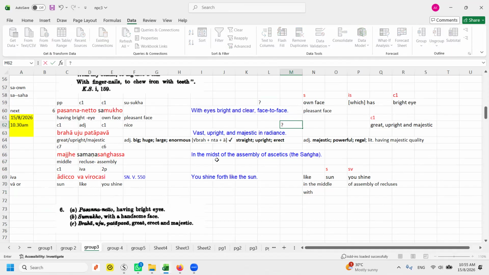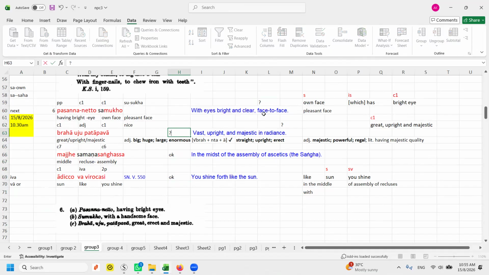This one is okay: in the midst of the assembly of ascetics. So samana is ascetic. You shine forth like a sun. This one is a bit confusing, how it was derived, we are not sure. Some parts are not sure. This one is okay.